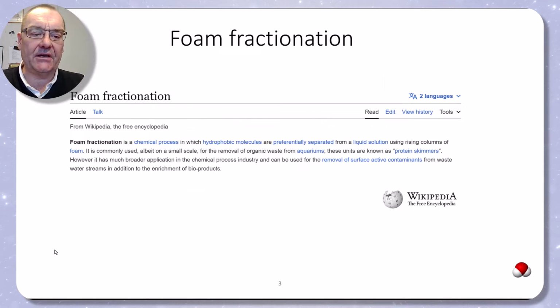Foam fractionation is a chemical process in which hydrophobic molecules are preferentially separated from a liquid solution using rising columns of foam. Now, this was from Wikipedia, and I would like for you to focus on the word hydrophobic.